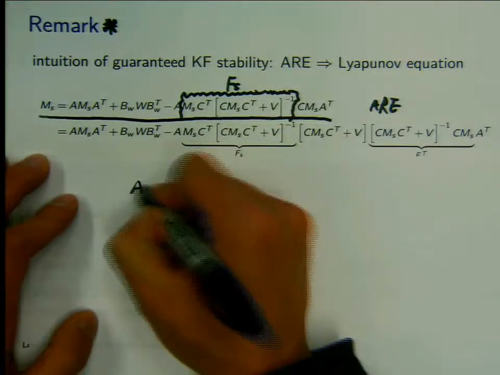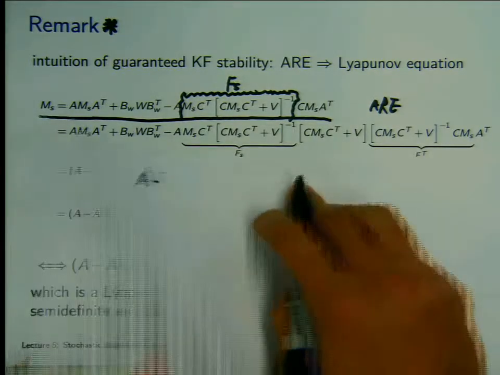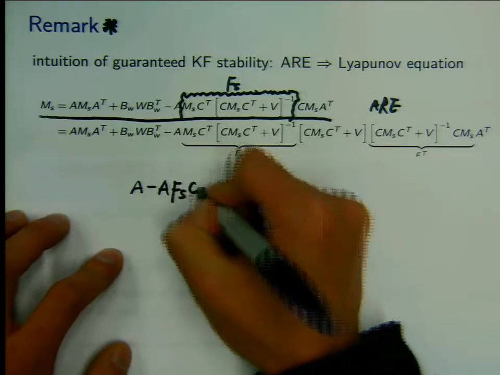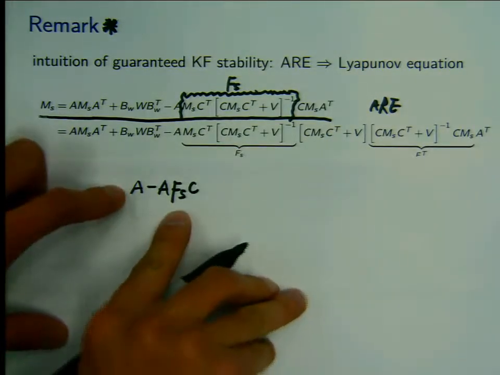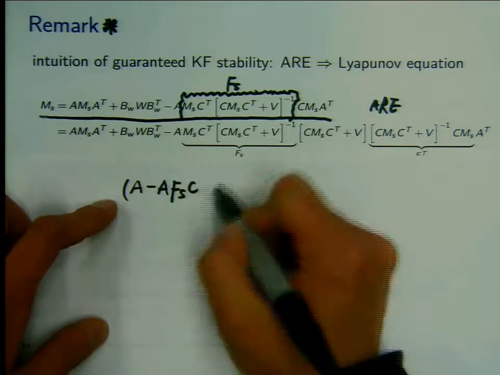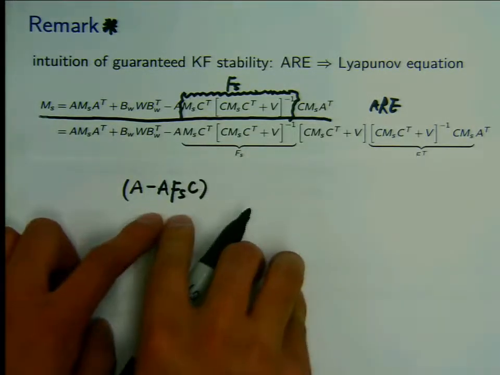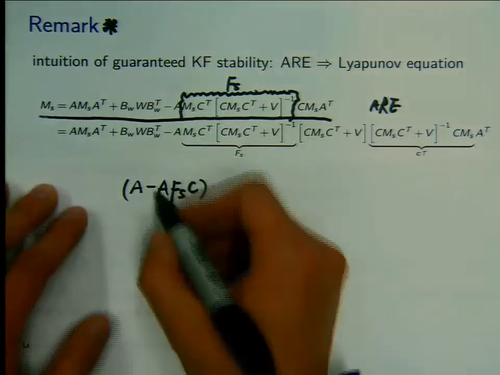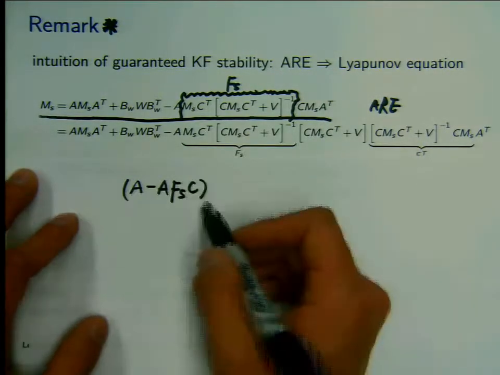The idea is we have explained the Kalman filter closed loop dynamics is related to this matrix. So I wanted to show that the system defined by this closed loop matrix is stable. I want to have one type of Lyapunov analysis here.